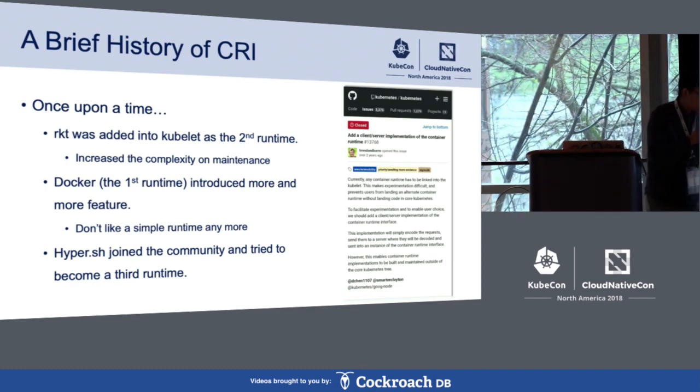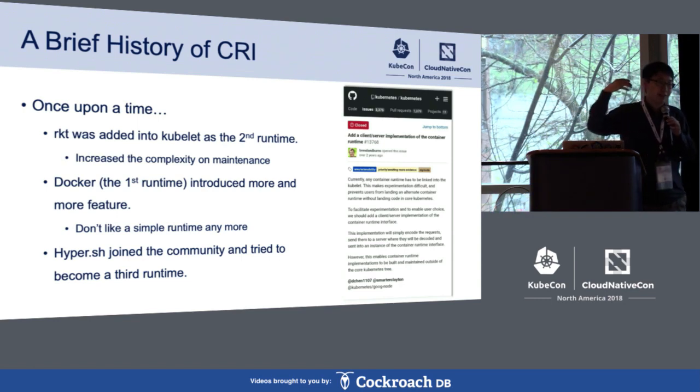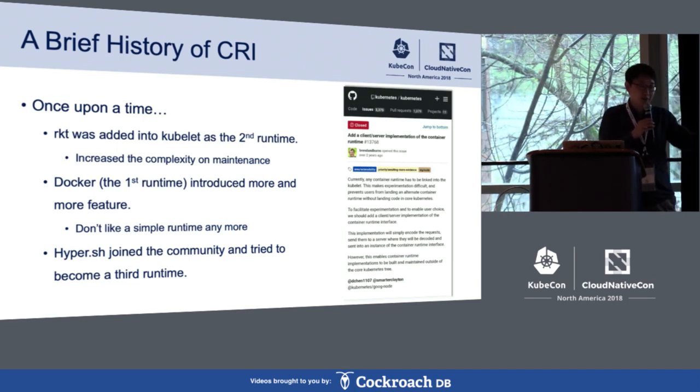So based on this background, the Kubernetes community began to decide whether we can separate the container runtime from Kubernetes. Then Kubernetes would just care about how to create a pod from the workload which the user delivered. And then we can use some kind of client-server mode container runtime.